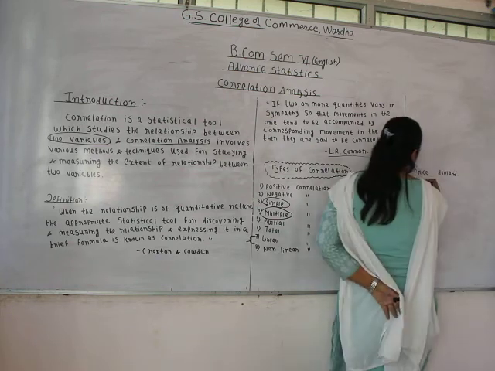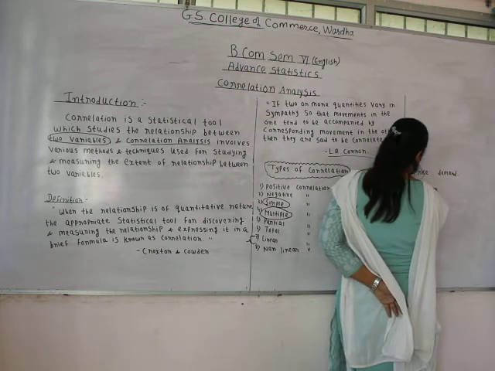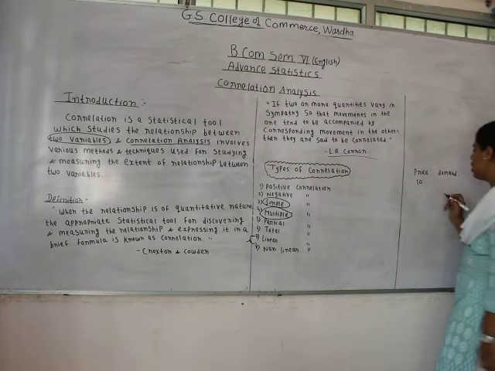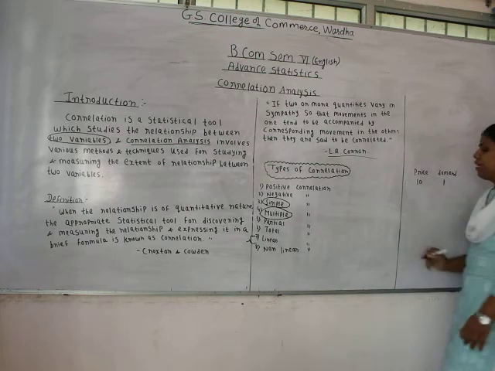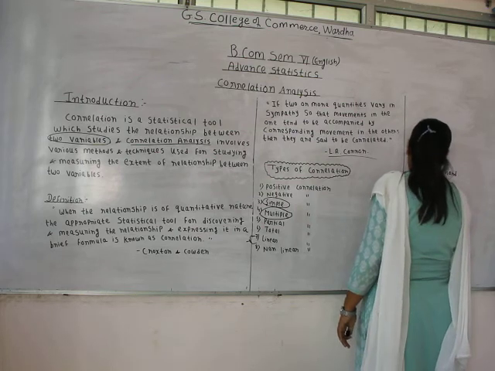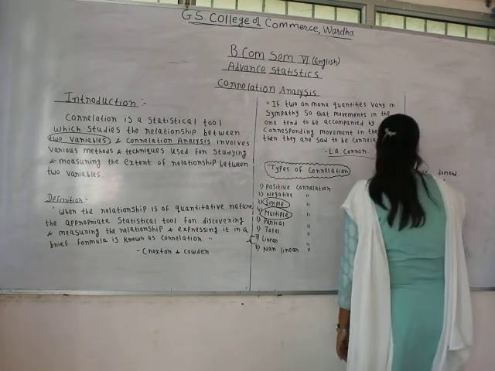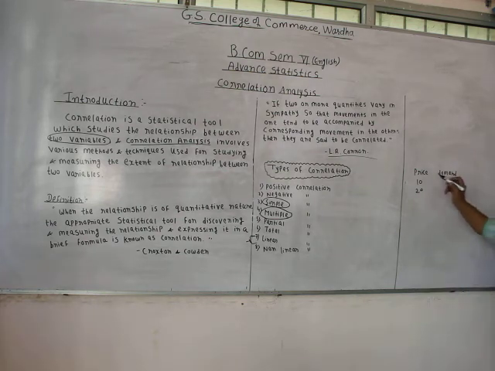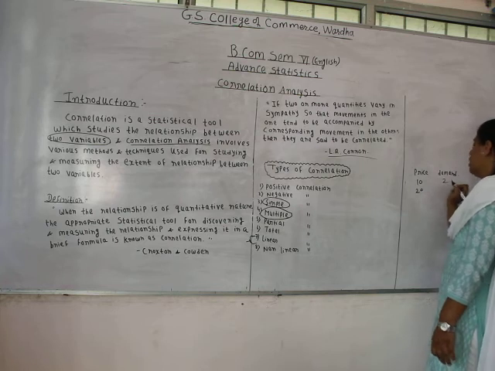Let's assume the price of a commodity is 10 rupees and at 10 rupees, 2 units are being demanded.